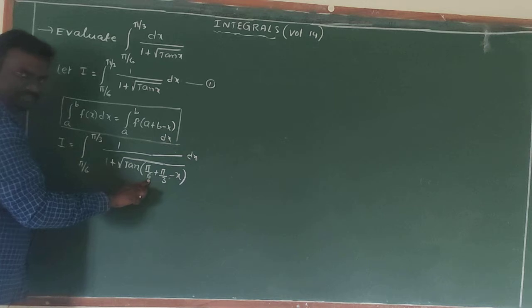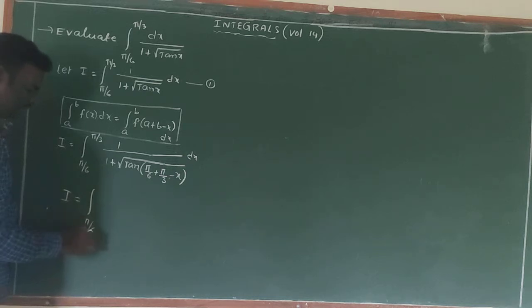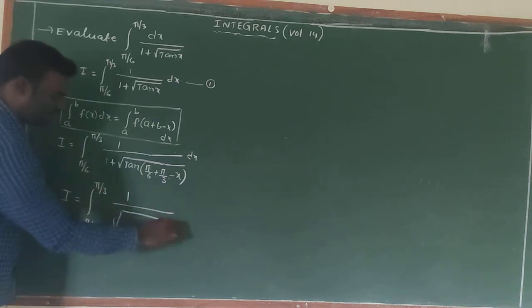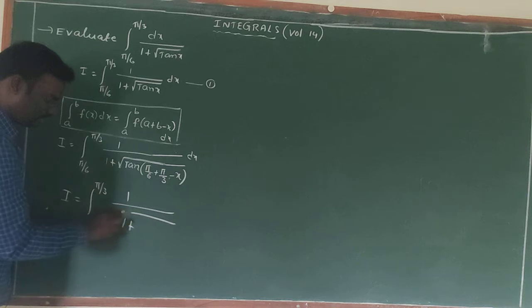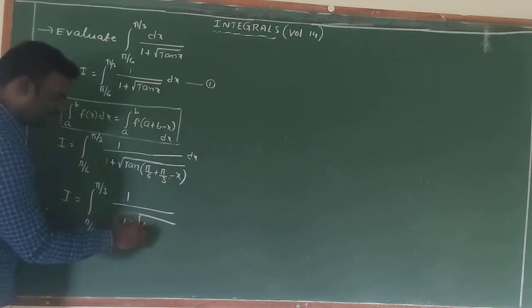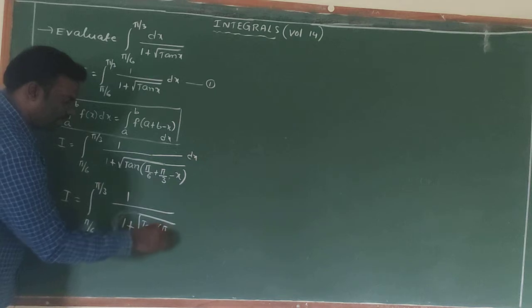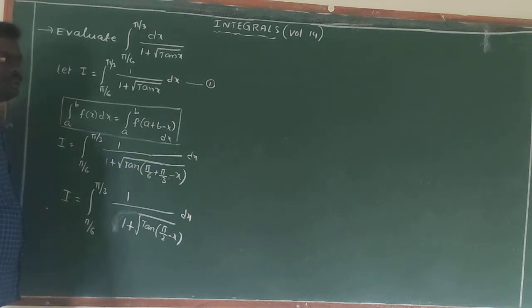Pi by 6 means 30, pi by 3 means 60, 30 plus 60 is 90. Therefore, I equals integral pi by 6 to pi by 3, 1 by 1 plus under root of tan of 90 minus x. Tan 90 minus theta is cot theta.